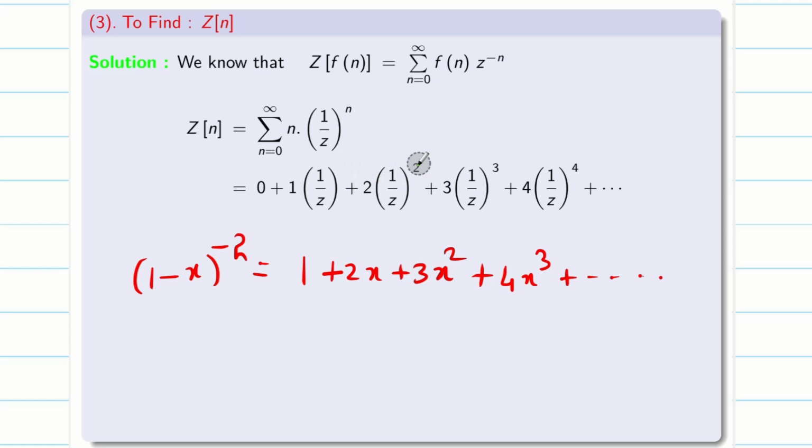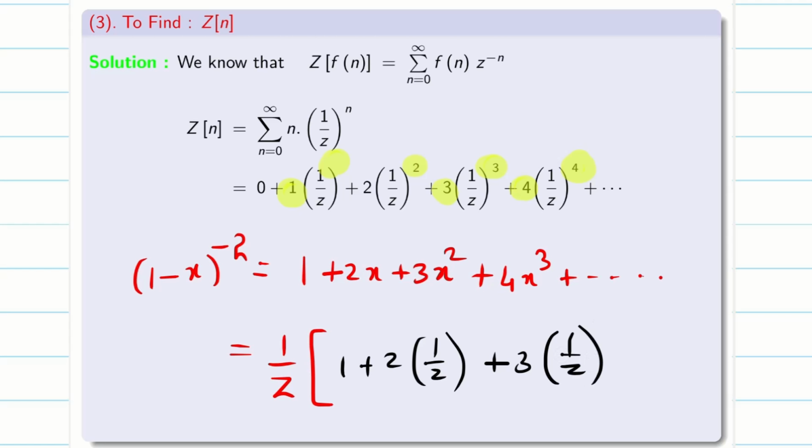But here 2 power 2, 3 power 3, 4 power 4, 1 power 1. Now if I take 1 by z outside, it will become 1 plus 2 times 1 by z, 3 times 1 by z whole square, 4 times 1 by z whole cube, etc. Now you can see this 2 power 1, 3 square, 4 cube. Now it is eligible to apply this formula.